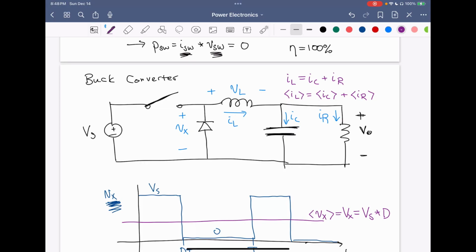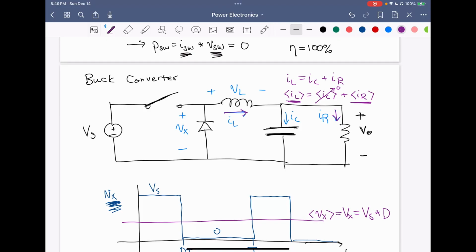Now, in periodic steady state, we derived before that the average capacitor current is 0. This just means that over one period, there's no new charge being accumulated on the capacitor because we're in steady state. Therefore, the average inductor current is just equal to the average current in the load resistor. So in the average case, this inductor current flows directly to the output.